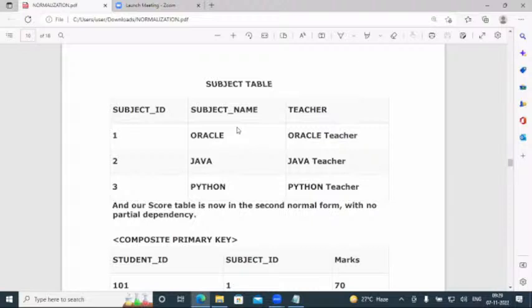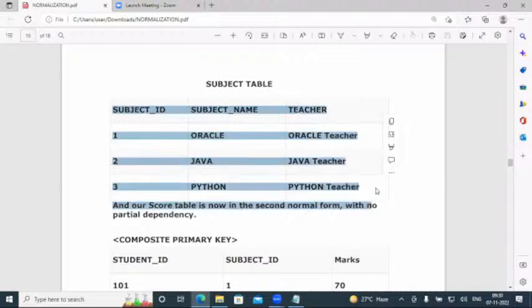Based on your Aadhaar number, I can get your entire details. Based on employee ID number, the employee's entire information I will get. So which is our key column? On the key column, all remaining data depends. This type of situation is called fully dependency.